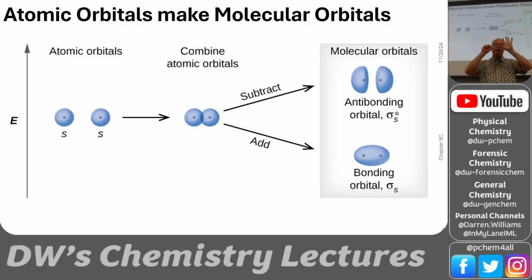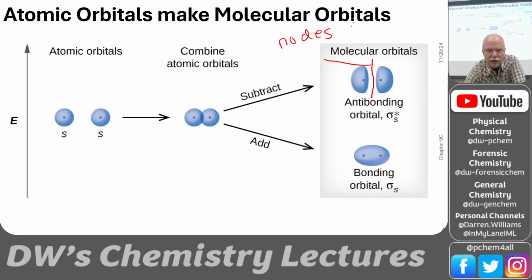Now, if they're out of phase, then they don't get to really spread out. I mean, they spread out, but there's a lot more kinetic energy. The number of times you have these breaks in the electron cloud, these are called nodes. Nodes increase the energy.